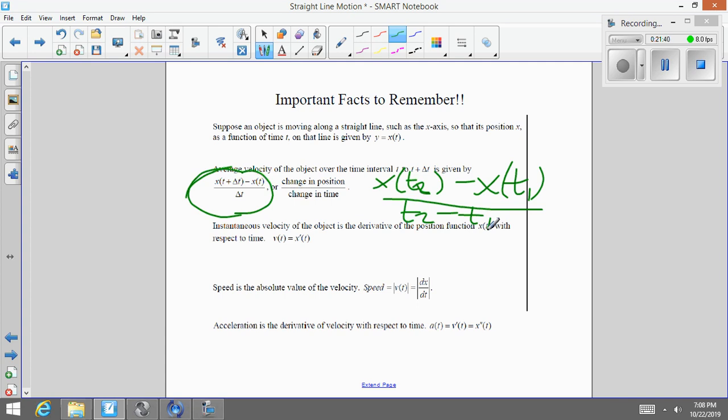Instantaneous velocity of the object is the derivative of the position function with respect to time. So remember, v of t equals x prime of t. Speed is the absolute value of velocity. Acceleration is the derivative of velocity or the second derivative of position.